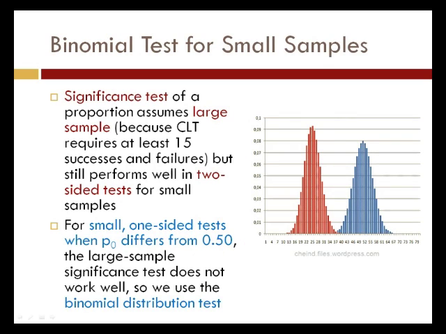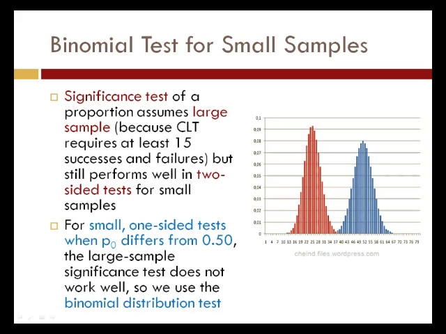Okay, and it turns out that if you are doing significance tests for proportions, you need at least 15 successes and at least 15 failures to do the method that we're just talking about, the 5-step process that we've just gone through. If you don't have 15 successes and 15 failures, you really should never do this test. But you can do a different test.